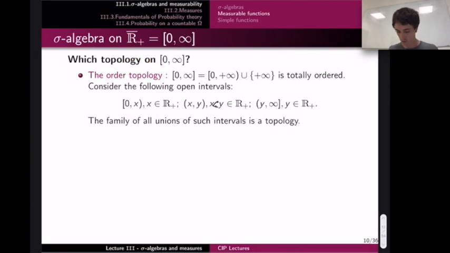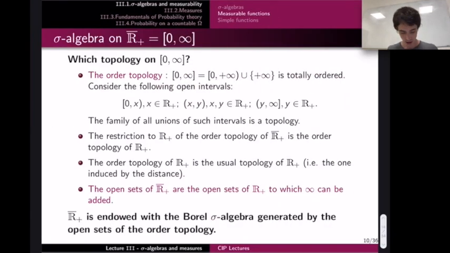Very roughly, but it's quite accurate actually, it's the topology of open sets of R plus, to which, if you want, you can add plus infinity to these open sets. And now that we have a topology, we consider the Borel sigma algebra associated to these open sets. That will be the Borel sigma algebra on R plus bar.